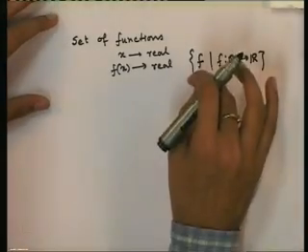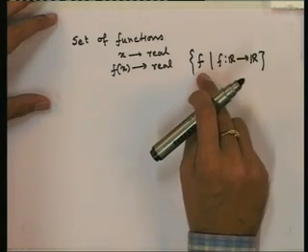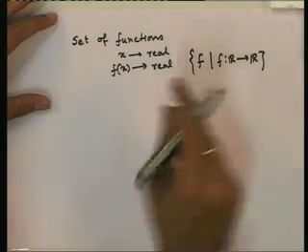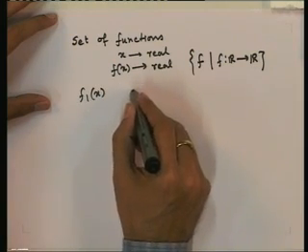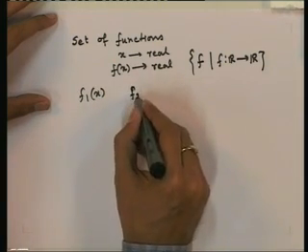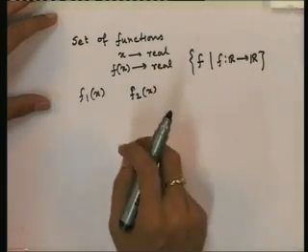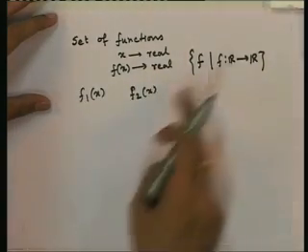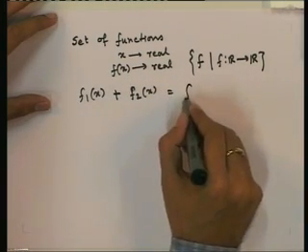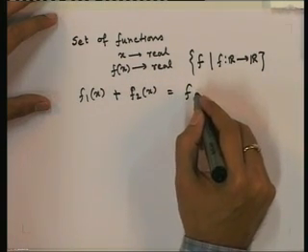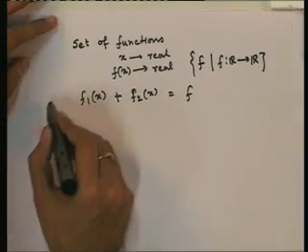Now what should we have in a vector space? We should have addition of vectors. So the vectors here are functions. Now if you have two functions f1(x) and f2(x), their addition is also a function. So it is a vector in this vector space. So how do we do the addition? This plus is defined as f1 plus f2.